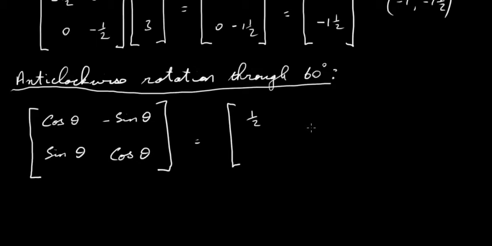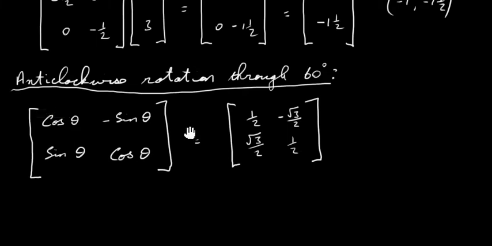The sine of 60 degrees is root 3 over 2, and we want minus the sine, so it's going to be minus root 3 over 2. The sine of 60 degrees is root 3 over 2, this time positive, and the cos again is a half. So this is the matrix we are actually going to use to do our transformation.